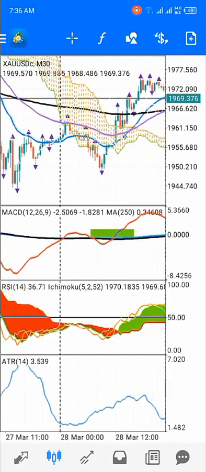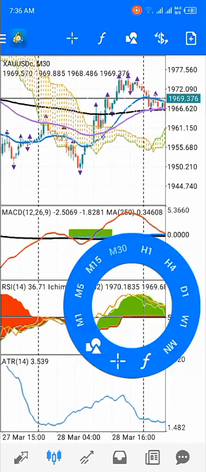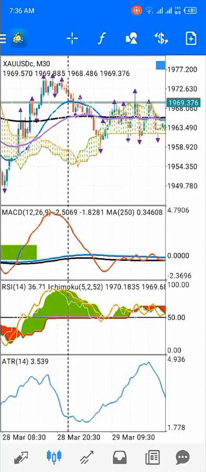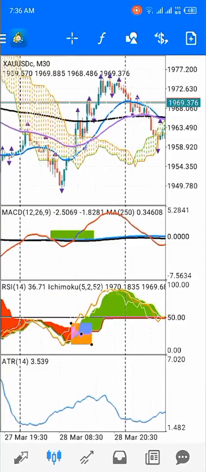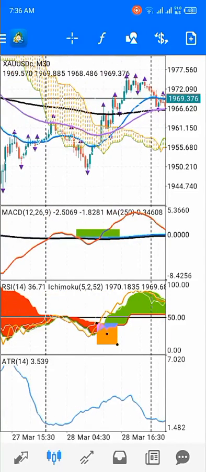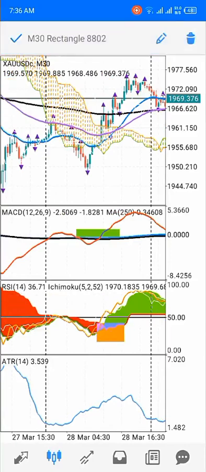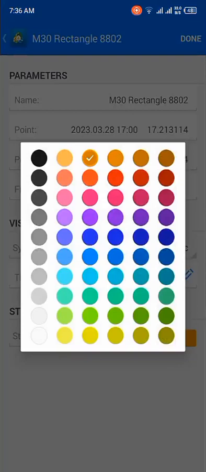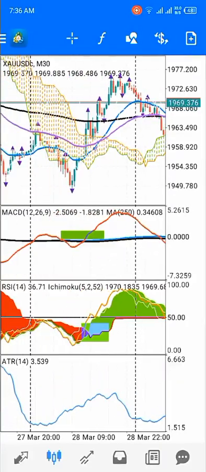Look at window 2. When you have the changing colors, you take your buy or sell trade. For instance, at this point, the cloud changed to green, and then you have the orange line crossing above the cloud.